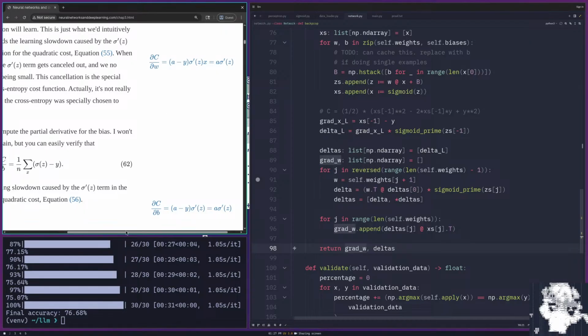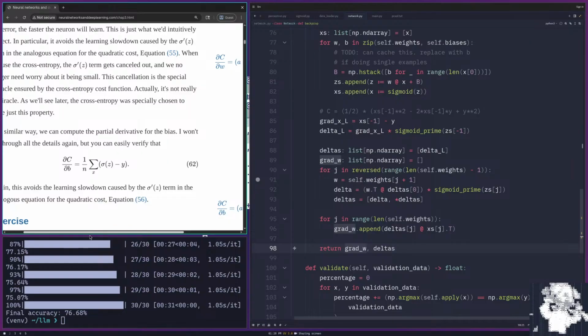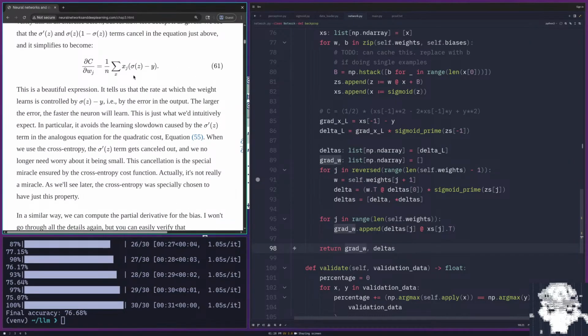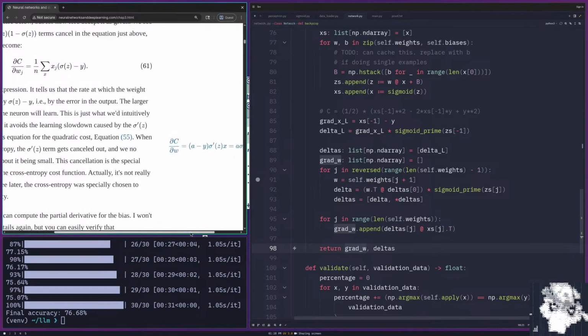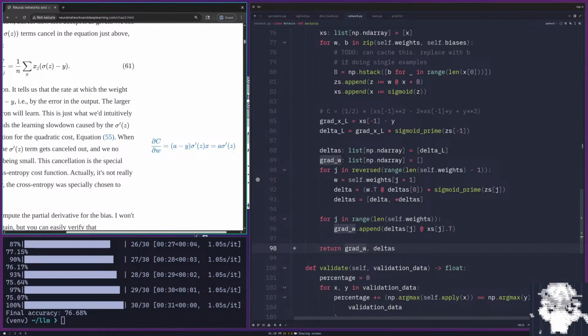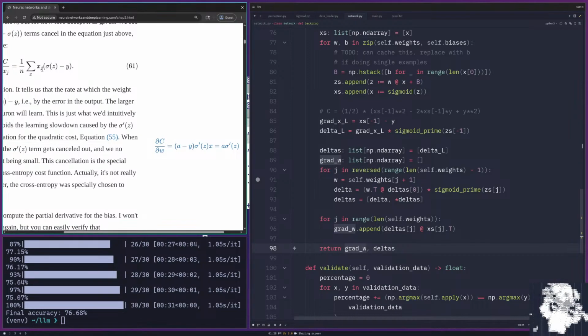And the new thing still has an x. It doesn't have the sigmoid prime. Apart from not having the sigmoid prime, it's the same. It's just you get rid of the sigmoid prime.